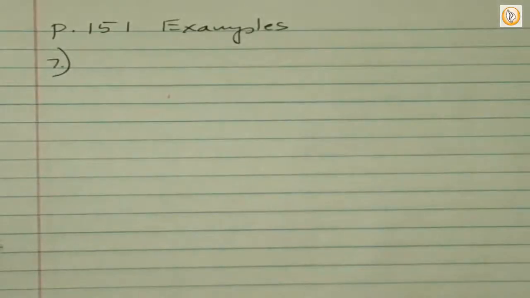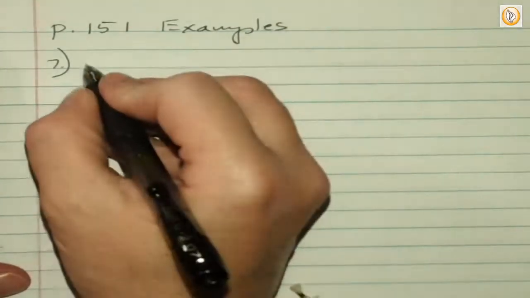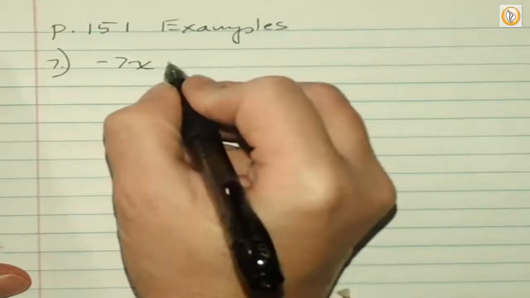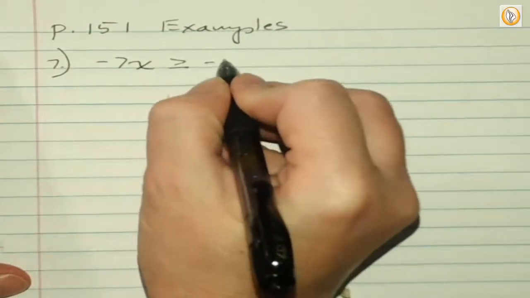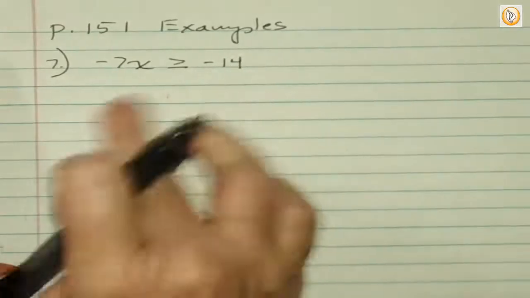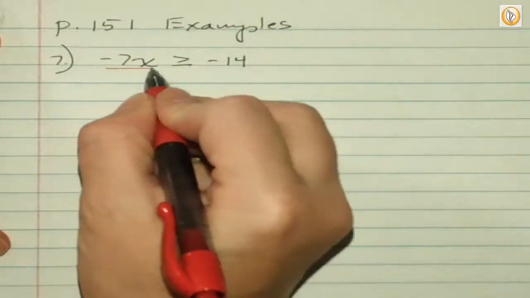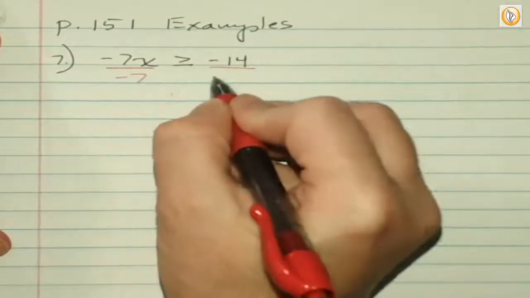Alright, number 7. We're going to jump right to number 7. Let's see, Gabby, can you read the directions? Solve and graph the solution to each of the following inequalities. Alright, negative 7x is greater than or equal to negative 14. Gabby, tell me what to do. We're going to divide both sides by -7.